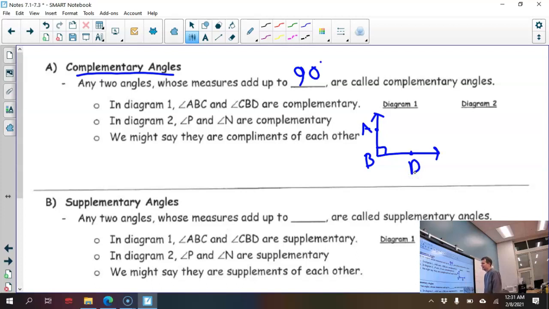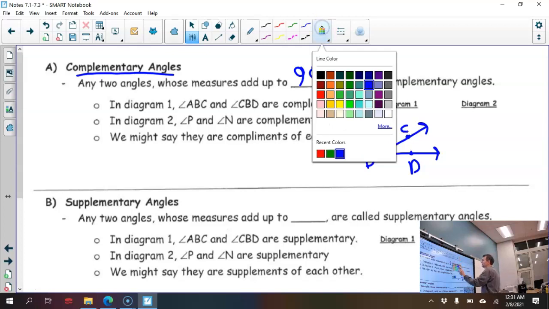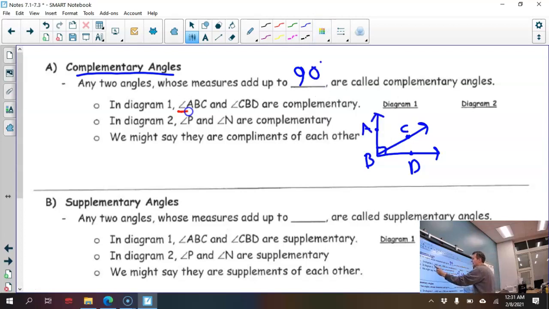I've got this angle, angle ABD, and I'm going to split it up into 2 angles, and I'll put a C there. Now you can see that angle ABC, that's this angle, and angle CBD, that'd be this angle, together they made this right angle. There's a 90-degree angle symbol there. So they would be complementary because together they add up to 90 degrees.